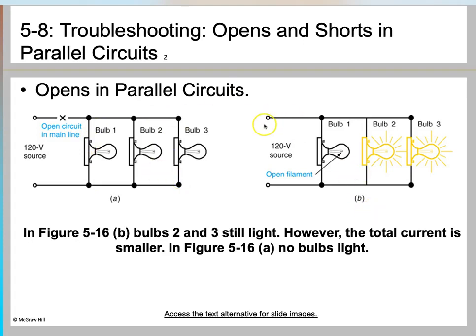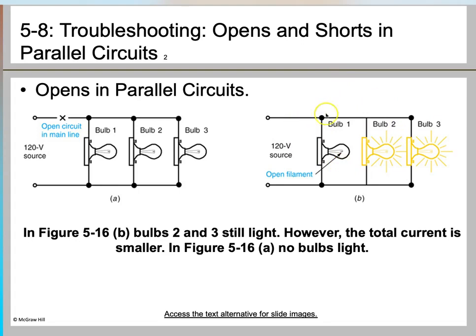Second case, when the supply is given to the same circuit, and let's say this particular bulb has an open filament, then what will happen? You can say that this is an open circuit. This particular branch will be effectively removed, and it is not going to affect the other parts of the circuit.